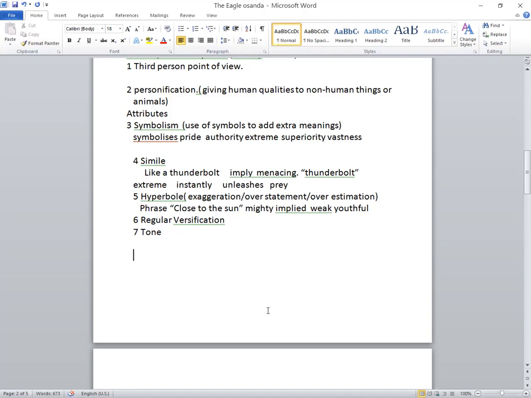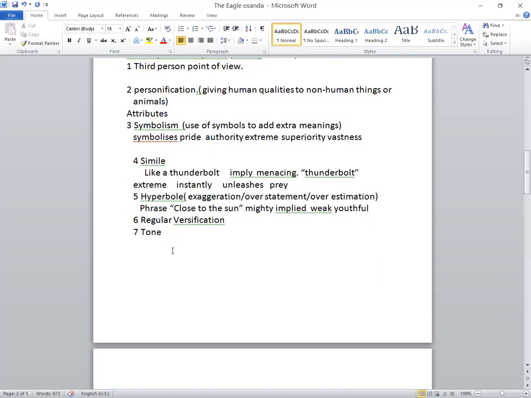What feelings? Vinusha? Devin, what feelings? Kayat? What kind of feelings? Tennyson admires the eagle.